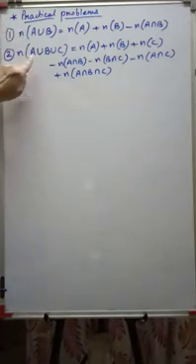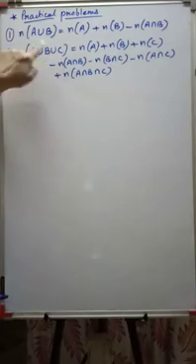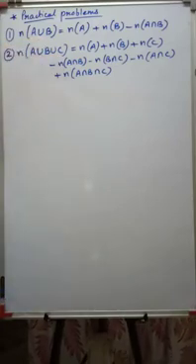This is for a set of three, A, B and C, three different objects. Here A and B are two different objects.